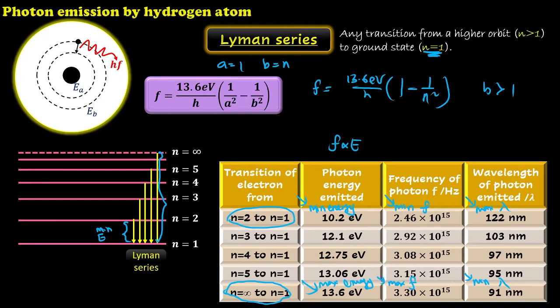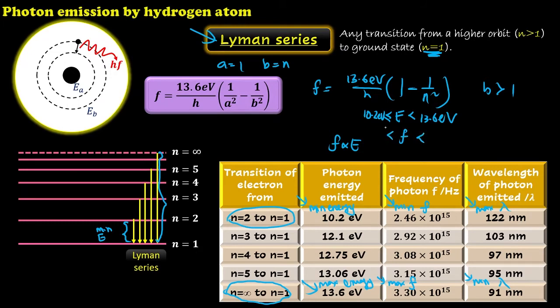So if you look at this one, the energy of the photon is actually in between 10.2 electron volts and 13.6 electron volts. So in the Lyman series, the energy of the transitions is in the range of 10.2 and 13.6 electron volts.